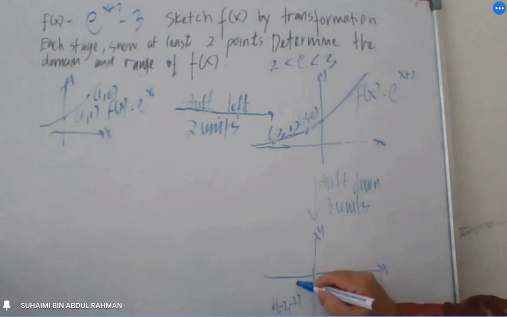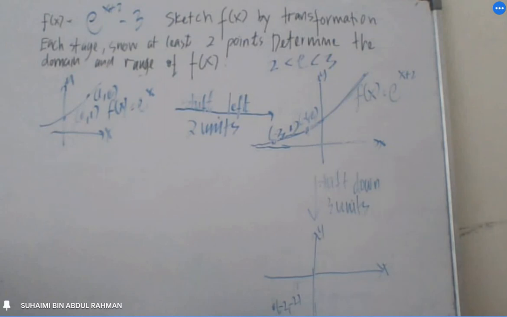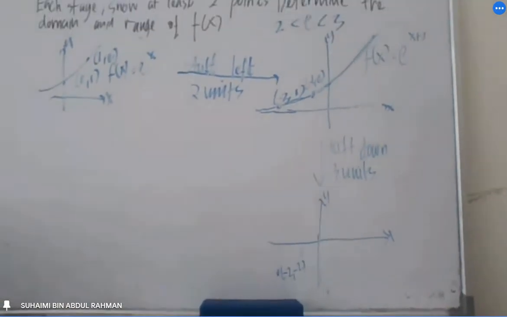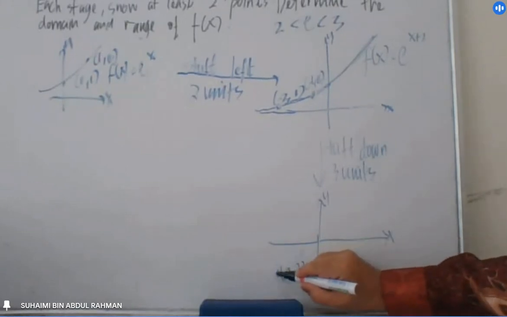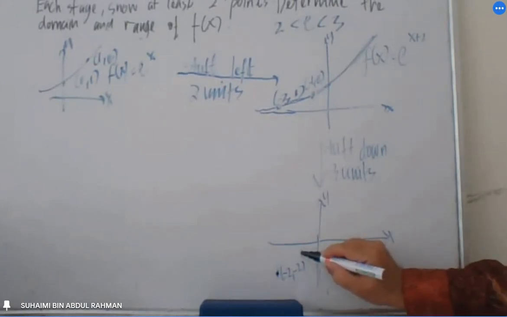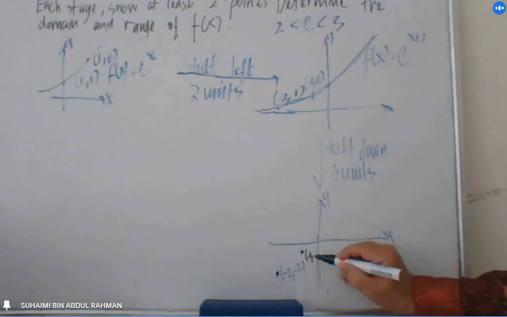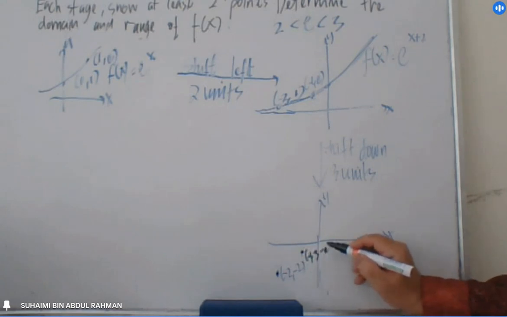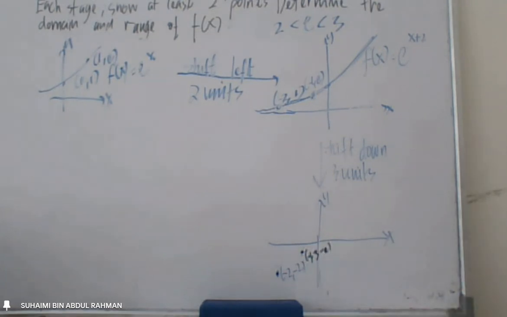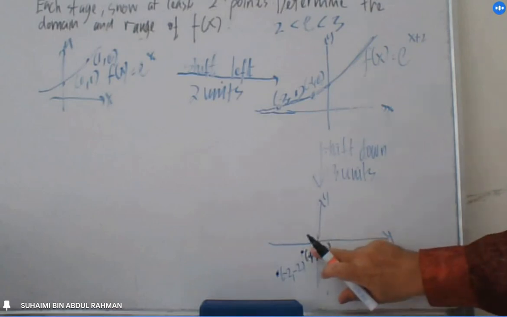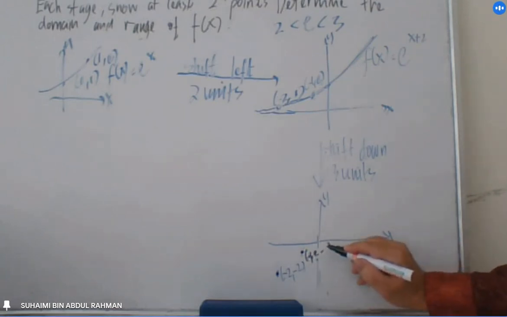Why do I substitute here? Why do I say that the point is here? Can you see it? Why do I say the point is here? -1. It's e minus 3, right? e minus 3, sorry.